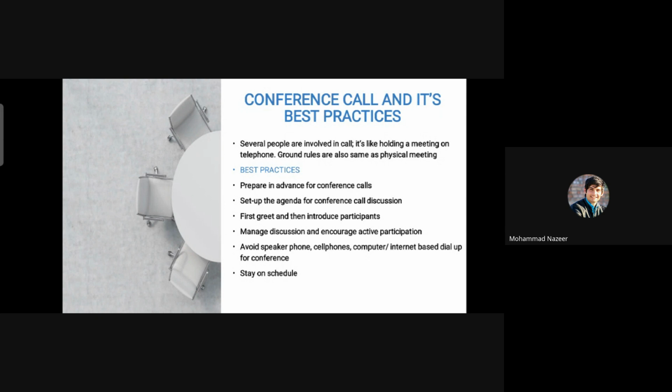We also have to manage the discussion since we have an agenda, and that agenda should be pursued. We have to manage our discussions as well as encourage the active participation of all the people.